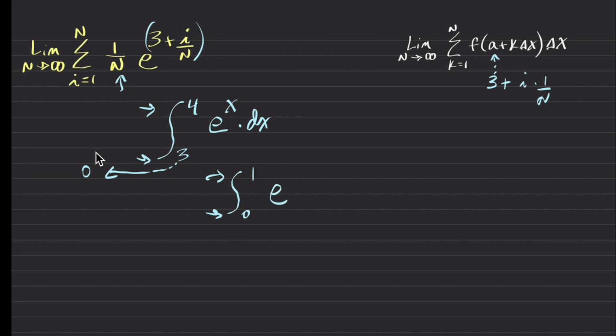Therefore, we have to shift our graph 3 units to the left. And the way we transform a graph to the left is we would do f of x plus 3, and we would have this integral here. So these definite integrals would result in the same evaluation.